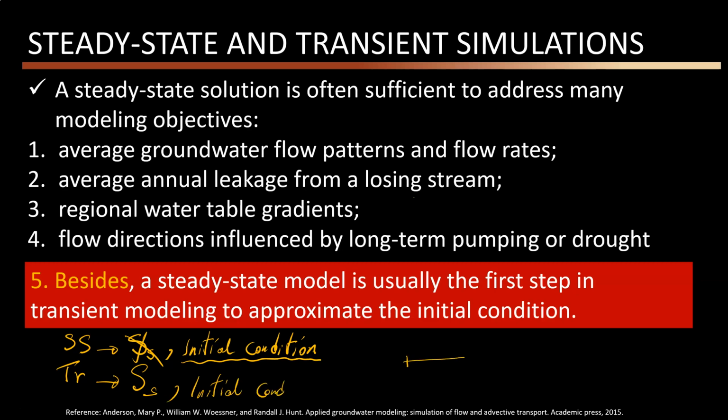For example, if your model wants to start from 2005 to 2015, you need to go and get some potentiometric information and come up with the initial condition information.